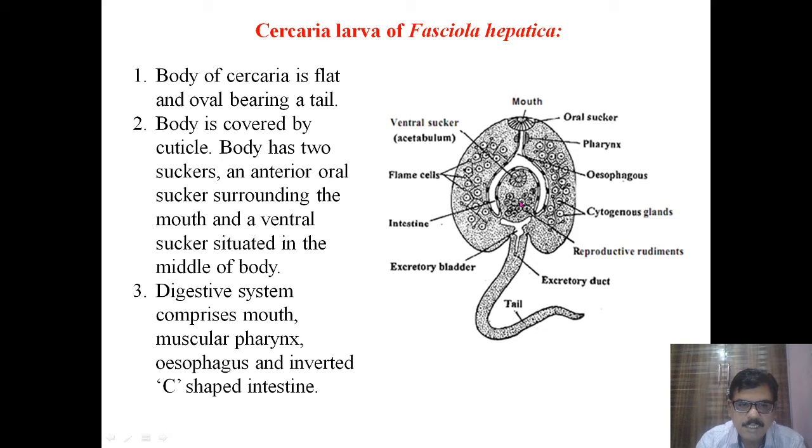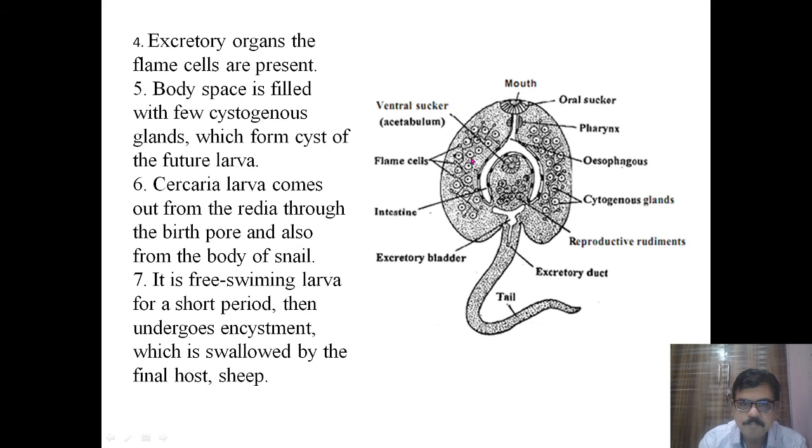Then the digestive system comprises the mouth, pharynx, esophagus, and an inverted C-shaped intestine. So this is regarding the digestive system. Then the excretory organs in these larvae are the flame cells, and the body space is filled with a cystogenous gland which forms the cyst of the future larva.